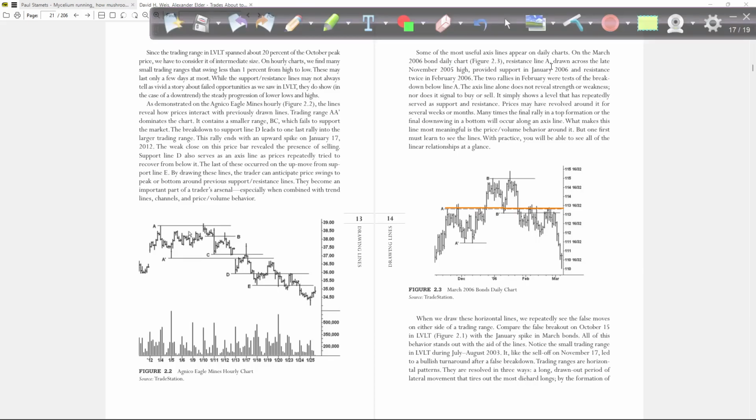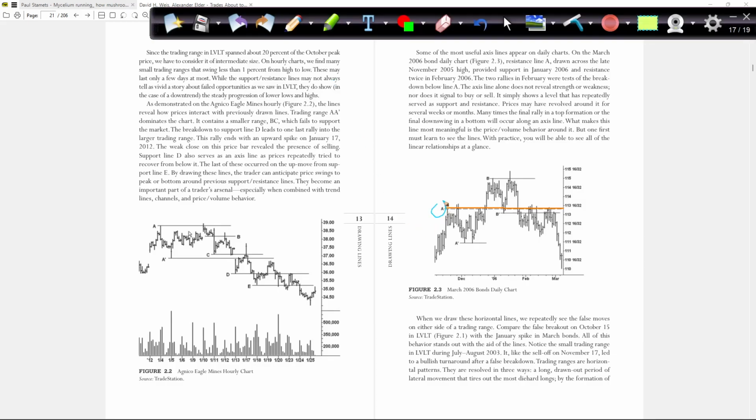Resistance line A, drawn across the late November 2005 high, provided a support line in January 2006, and resistance twice in February 2006, right?